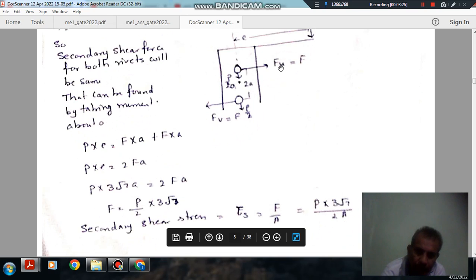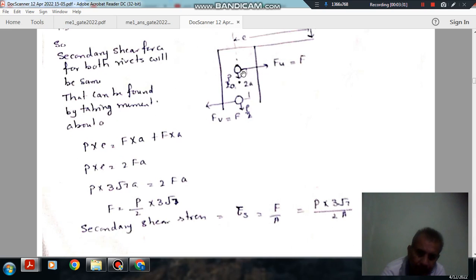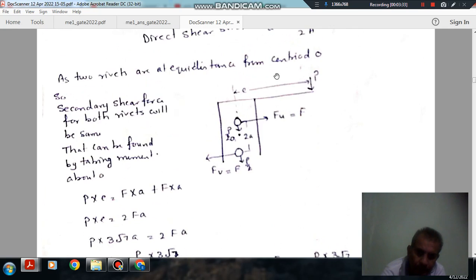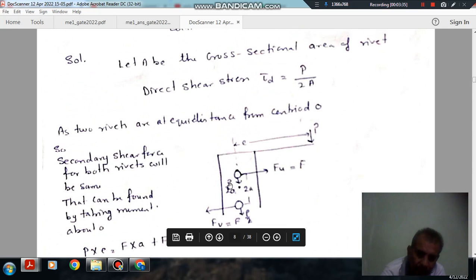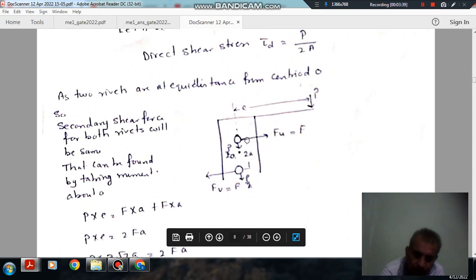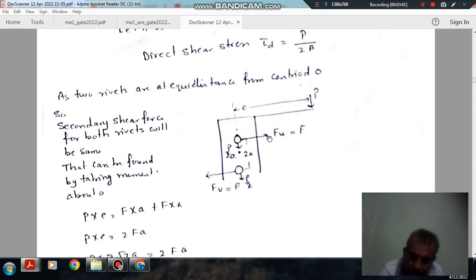So this F is P by 2 3 root 7, and the direct load is P by 2, acting in the downward direction. So in this rivet the secondary load is this, and the primary load is P by 2.